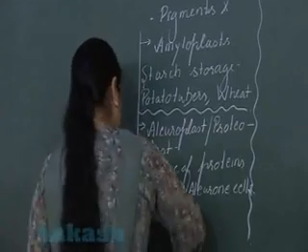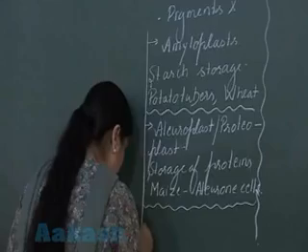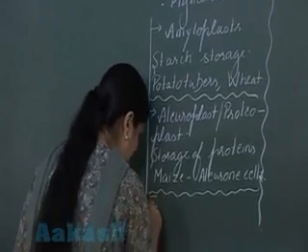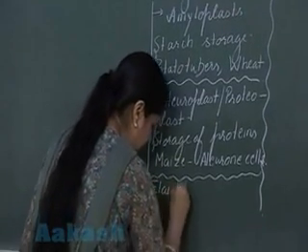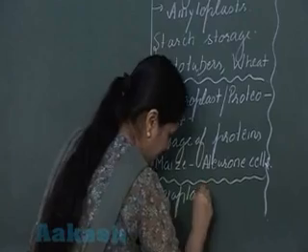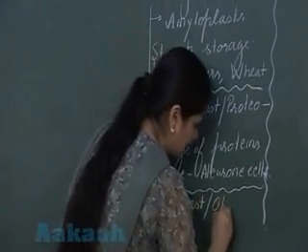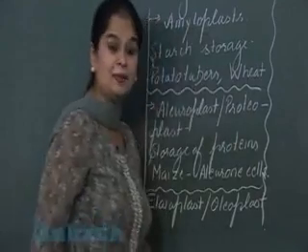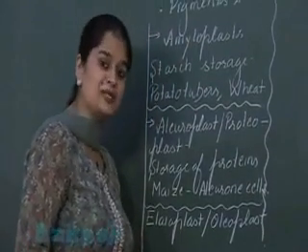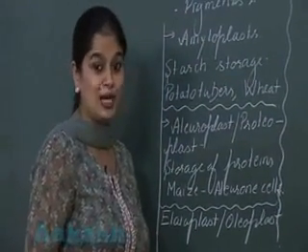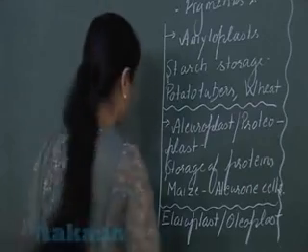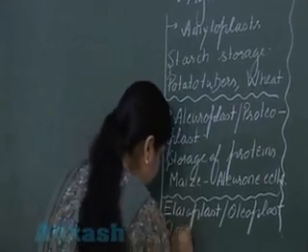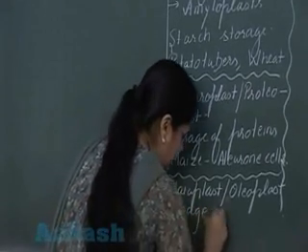Now the next type of leucoplast is elaioplast, also known as oleoplast and lipidoplast. From the name itself we can tell that this leucoplast is involved in the storage of fat. It is involved in fat storage.